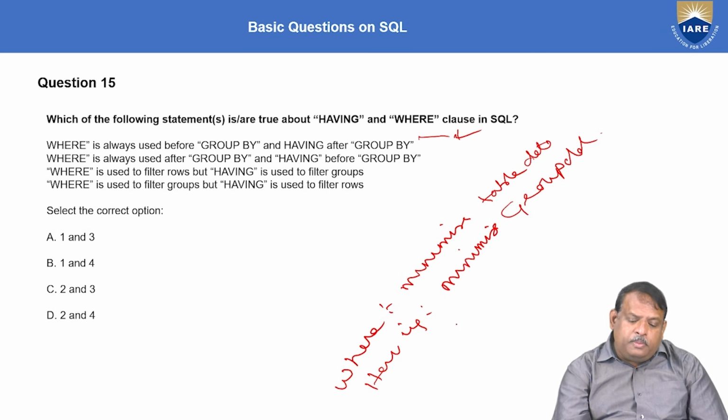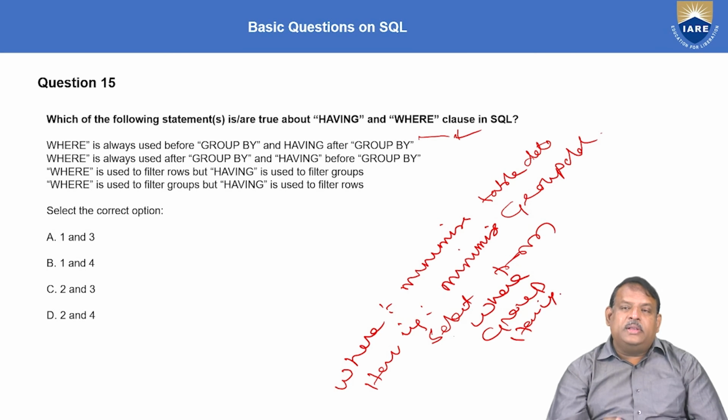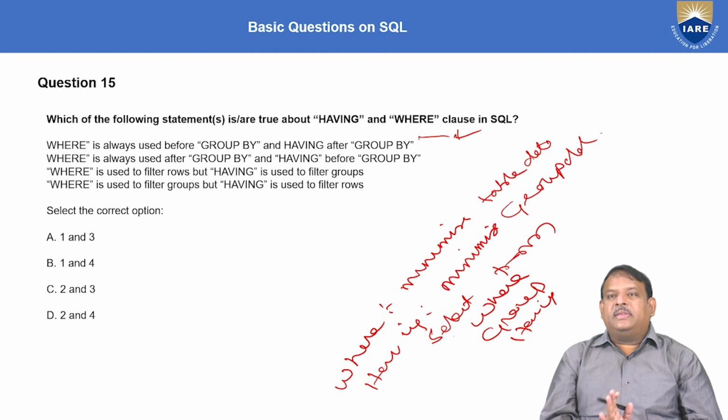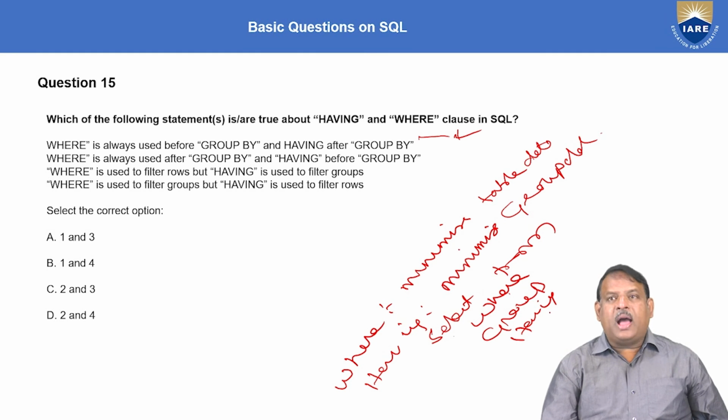We have seen the order, right? Select, from, where, group by, having. This is the right order. Here where is before group by, having is after group by.